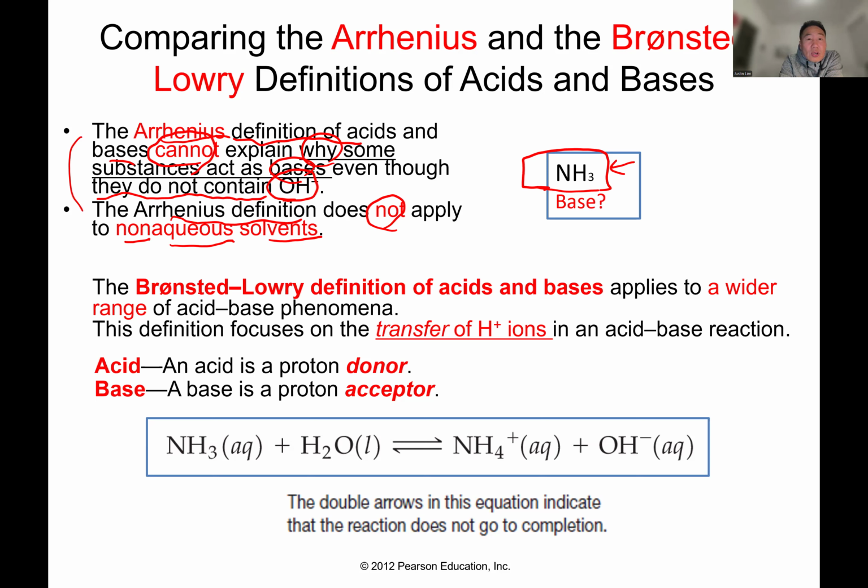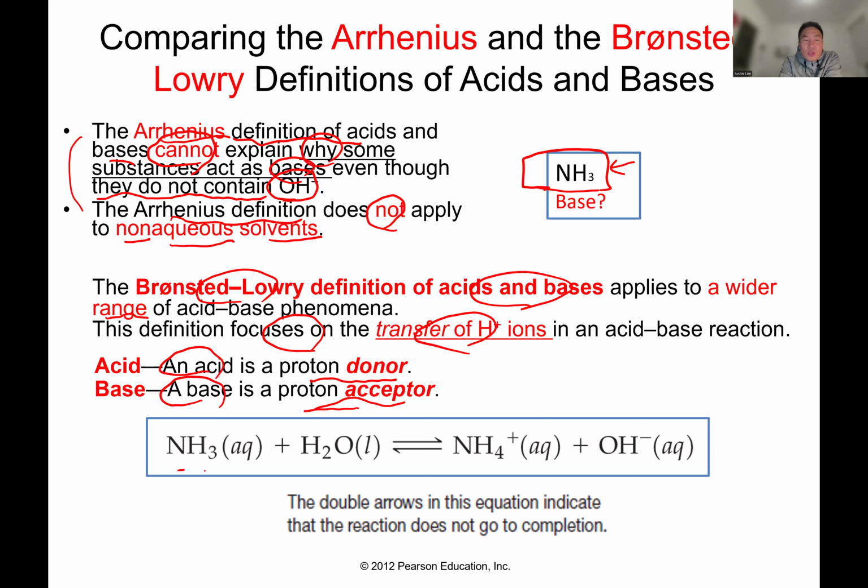Next, the Bronsted-Lowry definition. It extends the Arrhenius definition of acid and bases to apply to a wide range of acid-base phenomena. The definition focuses on the transfer of hydrogen ions in acid-base reactions. An acid is a proton donor, a base is a proton acceptor.